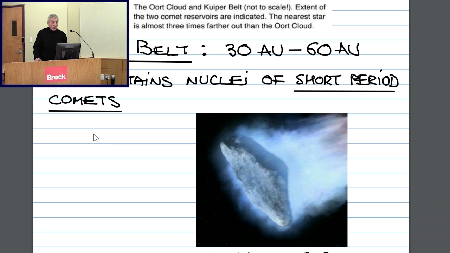But then once the nucleus gets close enough to the Sun, inside the orbit of Jupiter, closer than about 5 astronomical units from the Sun, it starts receiving enough solar heating so that these volatile substances forming ices start to evaporate, and the comet develops a tail.